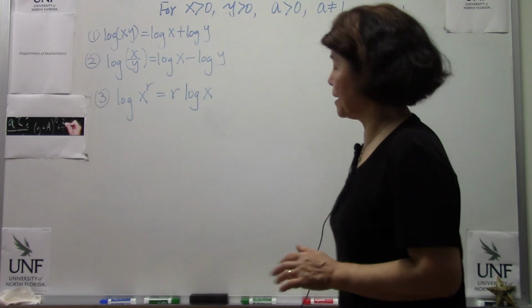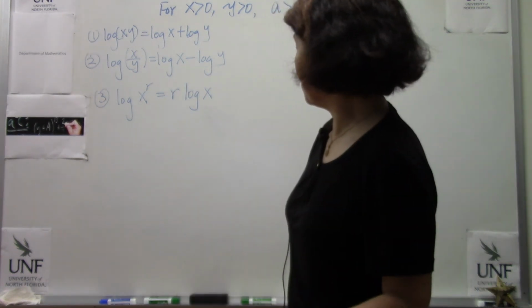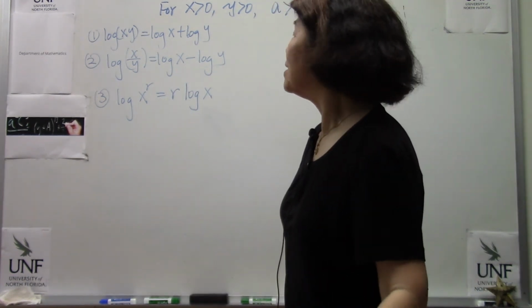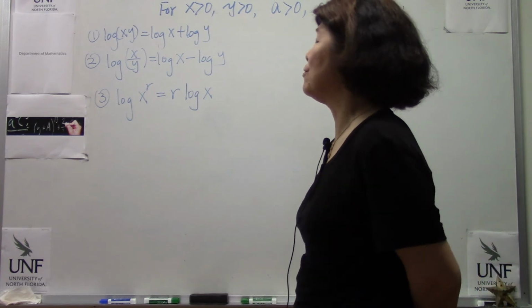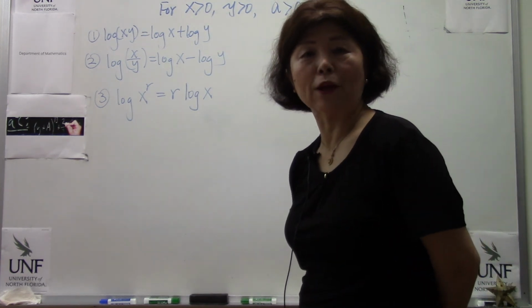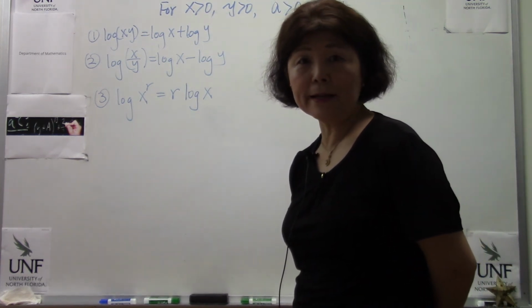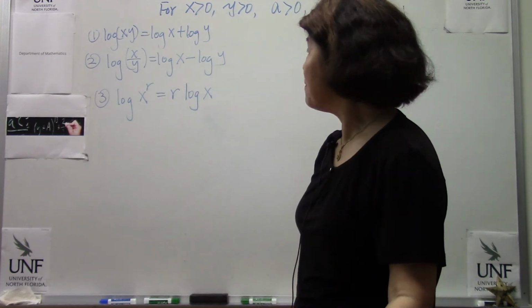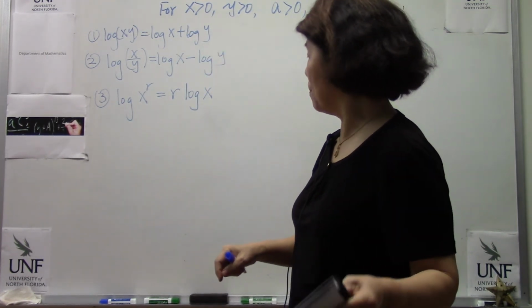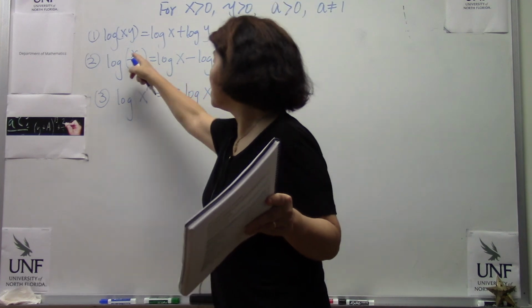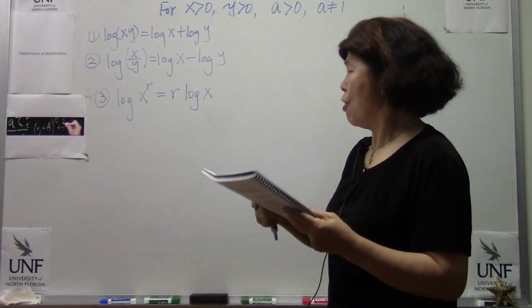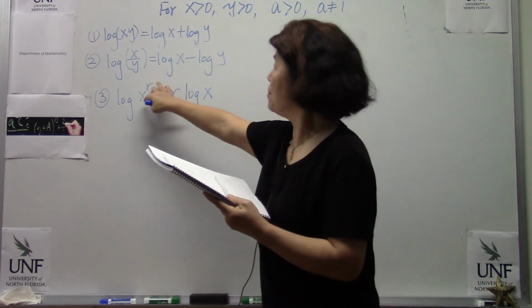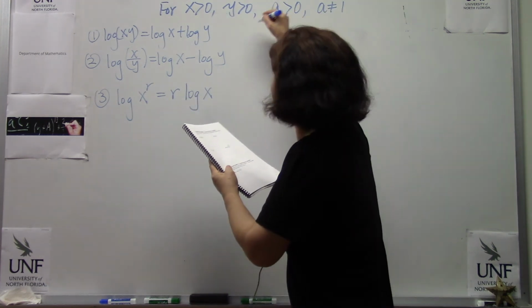So these things you are going to remember and apply. Many times the problem is that you do not recognize that you can apply them. Whenever you see multiplication, you apply it. Whenever you see division in the argument, you apply that, and the power as well.